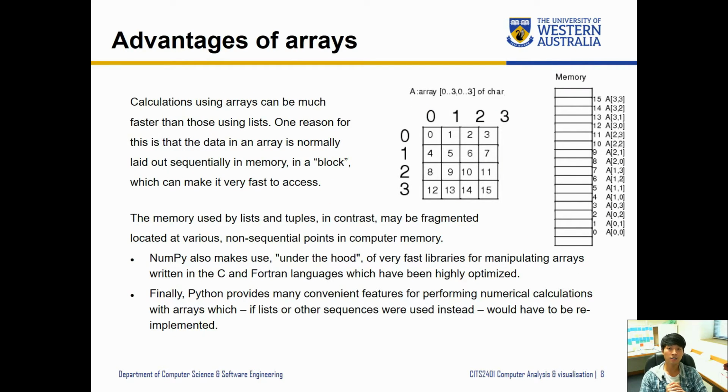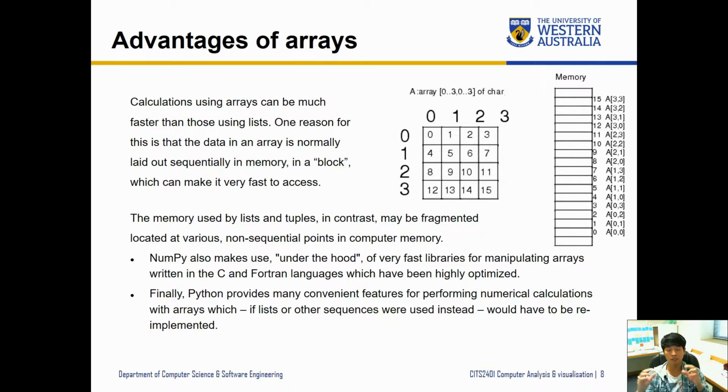What are the advantages of arrays? Using arrays is much faster than using lists. One reason for this is that data in an array is normally laid out sequentially in memory in a block, which can make it very fast to access. That means NumPy will handle the way array values are stored in memory such that they are next to each other. By doing this, accessing the data is much faster compared to lists.